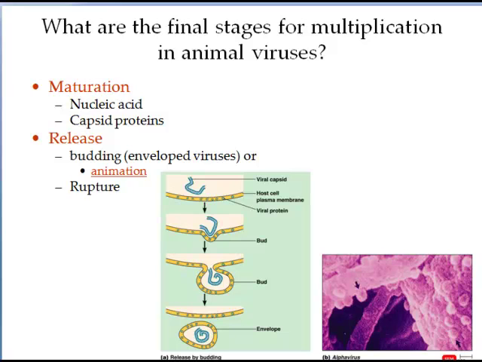It's mainly assembly that's going on at this stage, and release of the envelope is done through a process called budding, in which the envelope develops around the capsid. You can see up here the viral capsid and the host cell membrane forming these little buds, and eventually they are released to the outside.